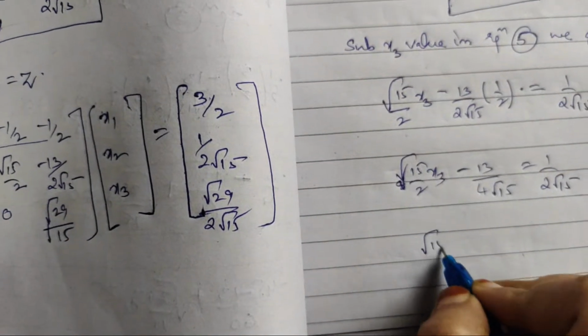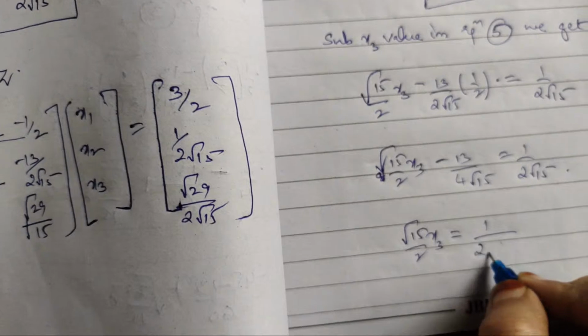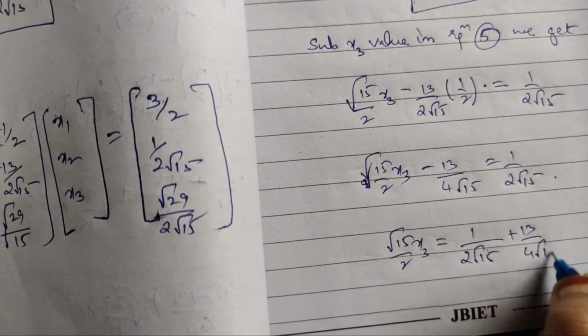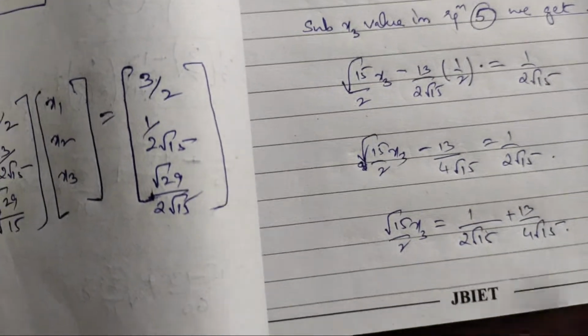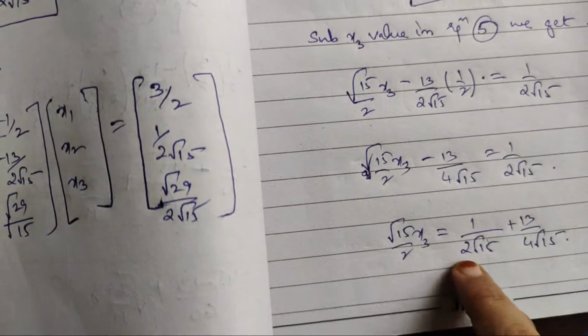So root 15 by 2 x2 minus 13 by 4 root 15 is equal to 1 by 2 root 15. So root 15 by 2 x2 is equal to 1 by 2 root 15 plus 13 by 4 root 15. For the LCM, I can take 2 root 15 as common from the denominator, so it will be easy for me to solve.